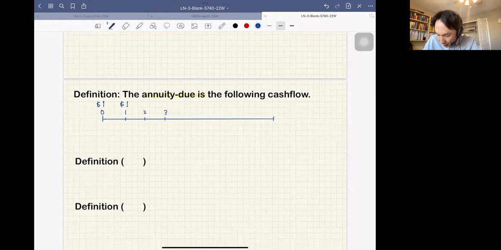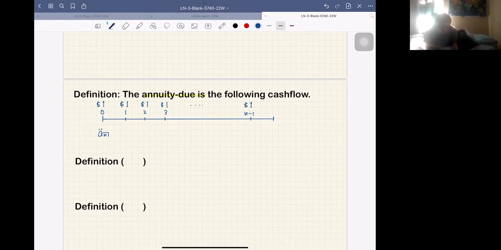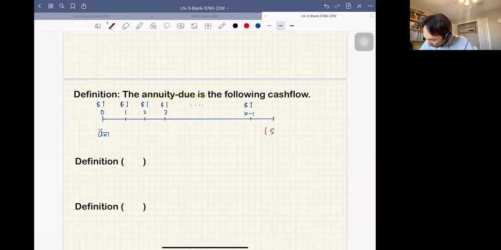So cash flow starts at time 0 and ends at time n minus 1. And the present value of this is called a double dot angle n, or accumulated value is s double dot angle n.